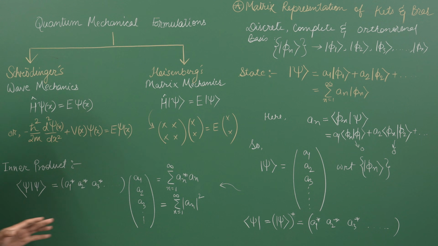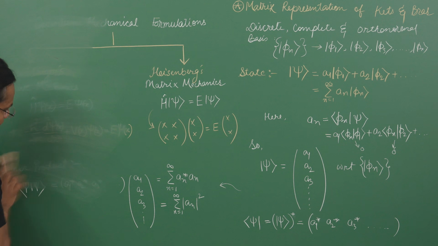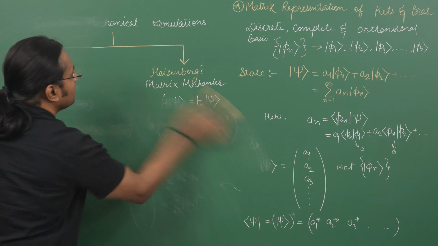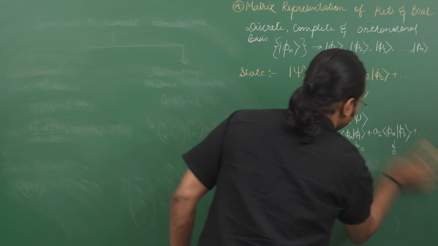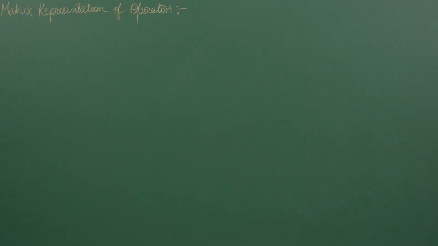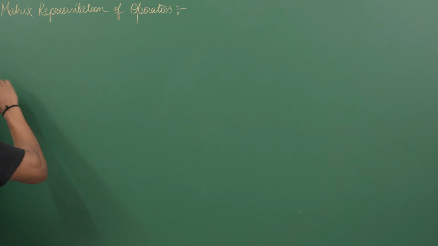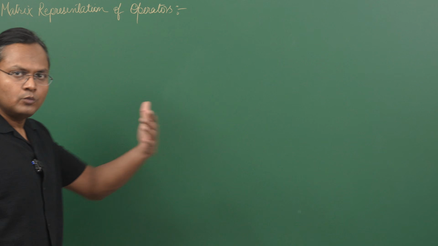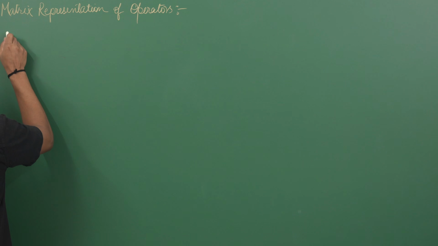So let me just show you how we can do that. Let's first rub the board. So let's suppose that we have an operator corresponding to some kind of an observable, and we are going to call that observable A. So the operator I'm going to call A hat.